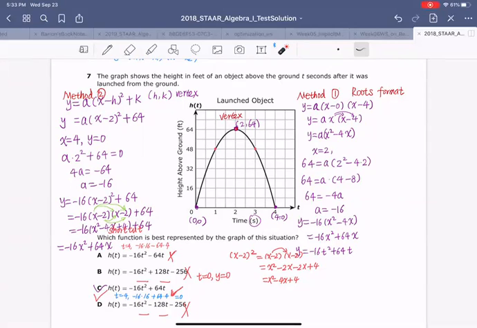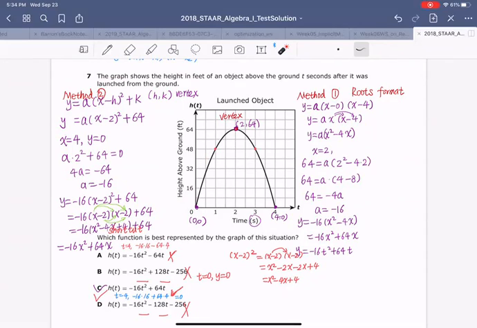Angela, can you tell me what did we do using the second method? Wait, can you hear me? Yes. Okay, so you would use the vertex, which is xy or hk. So you would substitute that in, and then you would write the equation using the points, which equals 0, which is you used x equals 4 and y equals 0.